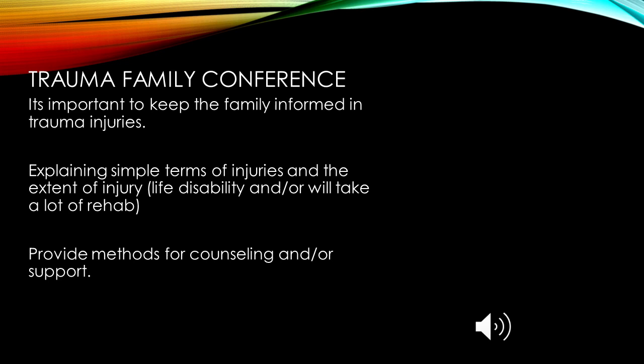In his case, it would be important to let him see his wife, give him the specific details of what injuries she has, and make sure that at the beginning the patient and the husband are able to communicate with each other, and then update them many times and keep them in the loop. I think that's very important with trauma patients.